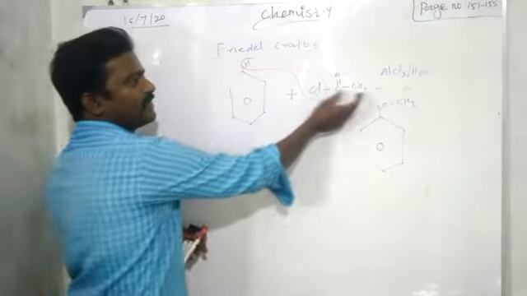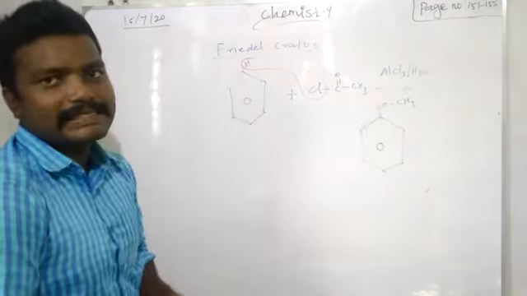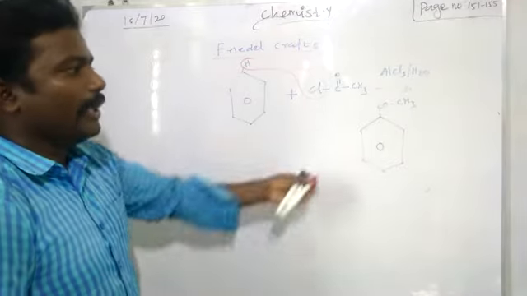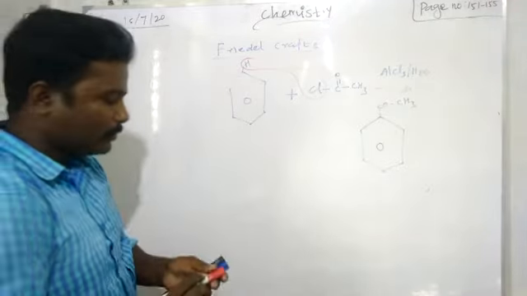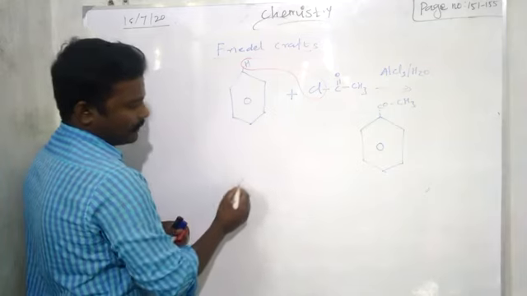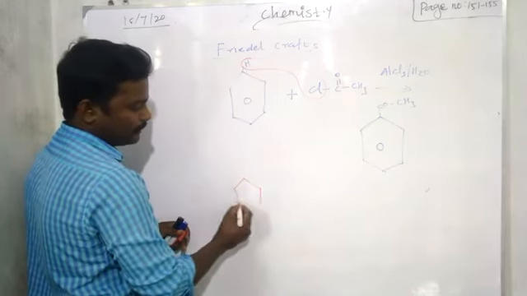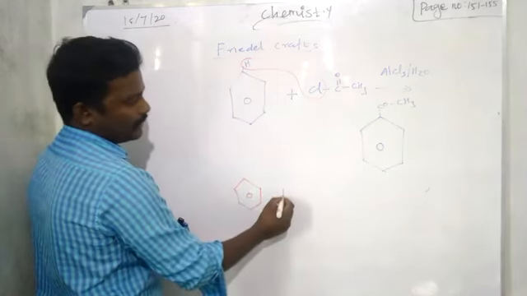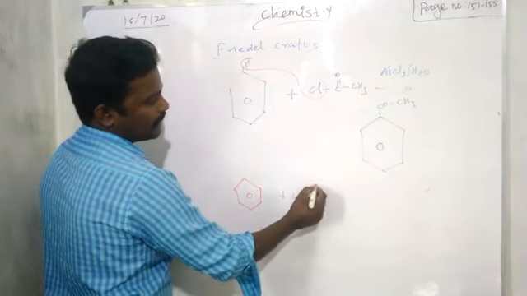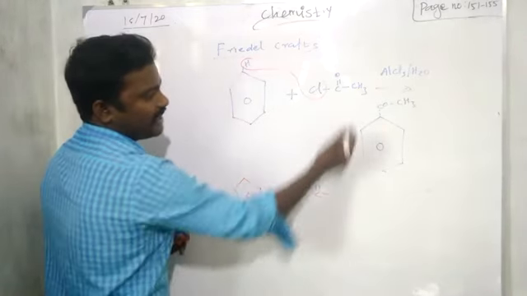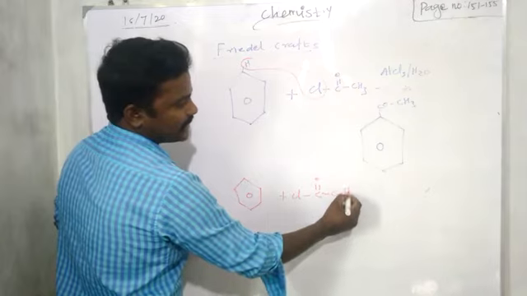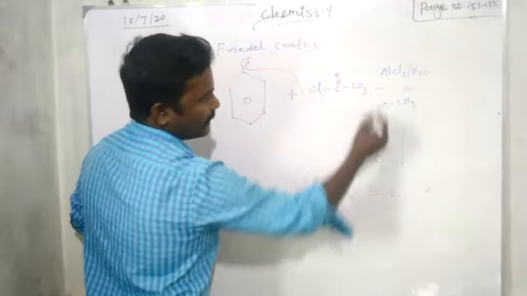The same way we are going to prepare benzophenone. In the place of CH3, if you write C6H5, that means another benzene, you will get benzophenone. See, you can just copy the above reaction. Plus Cl, C double bond O, in the place of CH3, C6H5, same catalyst.